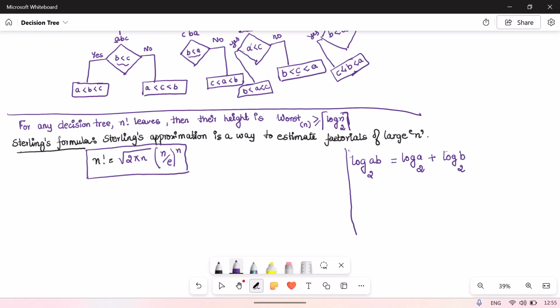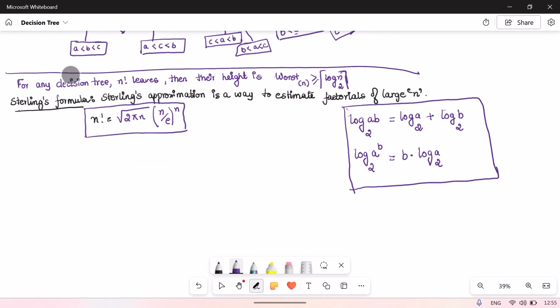Log AB to the base 2, you can separate them by addition. One more is that if there is log A to the power of B to the base 2, then it is B into log A to the base 2. These two formulas you are supposed to remember because this will be helpful in the calculation part. Okay. These are the formulas that you will use.